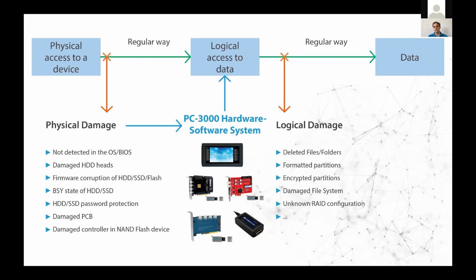In this case, we provide another solution, which is software, in contrast with our hardware tools PC3000 UDMA, Express, SAS, and Portable, which we call Data Extractor. Data Extractor is a special software add-on which allows us to work with logical damages like unknown RAID configurations, logically damaged RAID structures, missing partitions, deleted files, encrypted files, and so on.